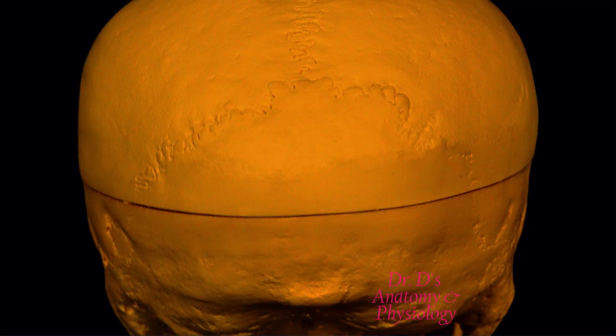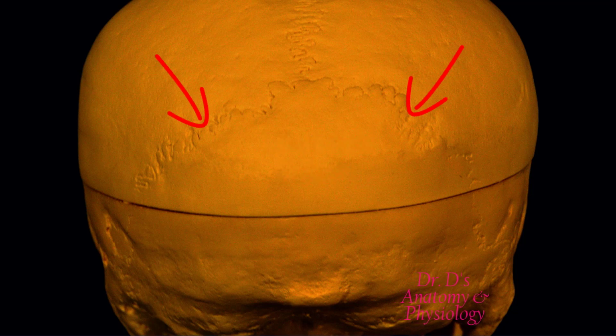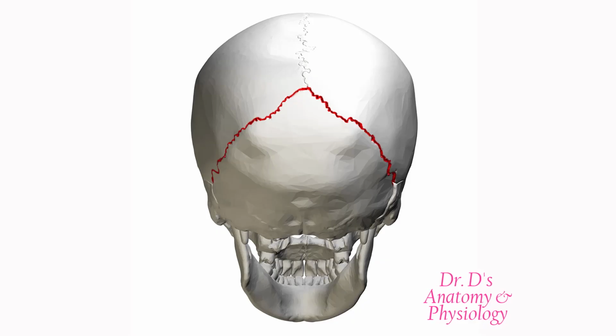The next suture we'll talk about is the suture between the occipital and the two parietal bones. This suture is called the lambdoid suture. Here we can see it in a photograph of a plastic skull, which I had to colorize in order to bring out the suture. And you can see, if you follow the line of the suture, it forms an upside down V. Here is a figure that shows the suture more clearly, and also shows you why it's called the lambdoid suture.